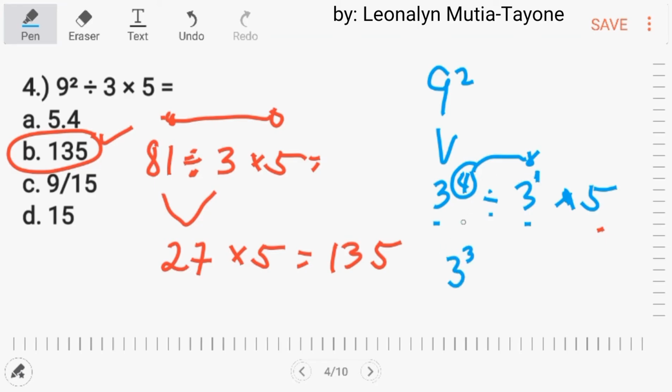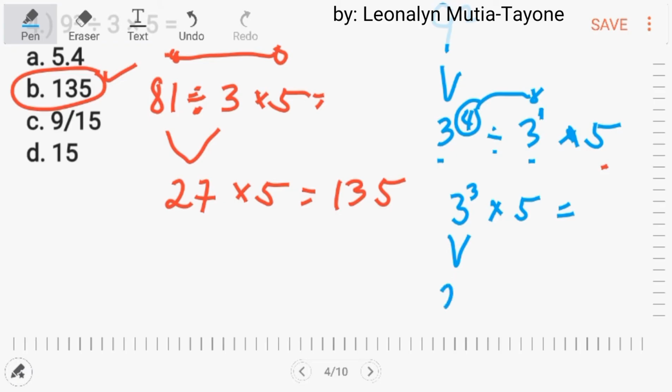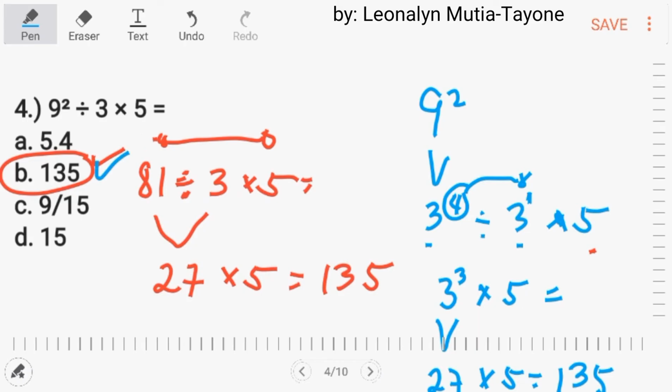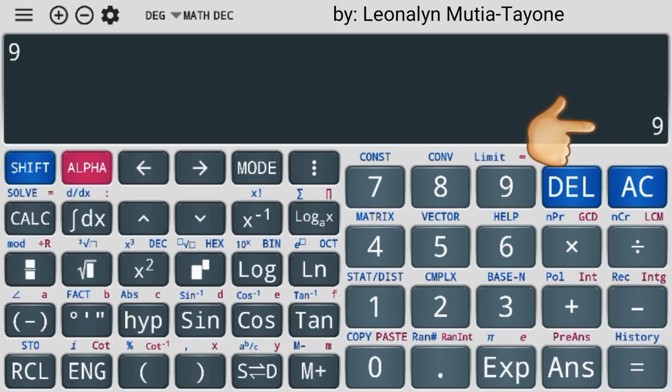So, 3 to the 3rd power or 3 cubed na siya, times 5. So, exponent muna natin, 27 times 5, and that is 135. Letter B. Double check natin dito sa calculator. And the answer is 135.